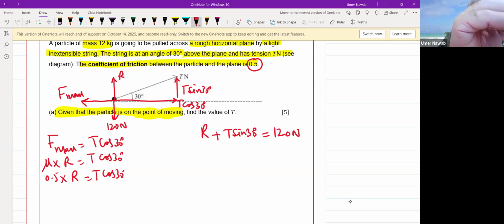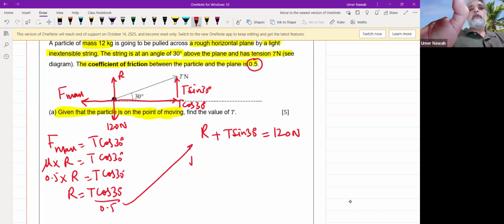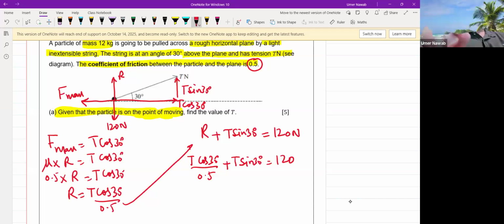I can substitute, because in this question I want to find the value of T. So why not find R, which is T cosine of 30 degrees divided by 0.5. I can substitute it here. So T cosine of 30 degrees over 0.5 plus T sine 30 degrees is equal to 120. Now you can use the equation solver. Okay, I'm bringing my calculator here.